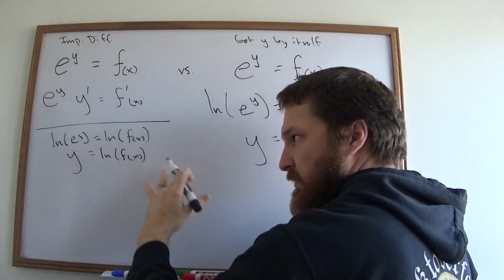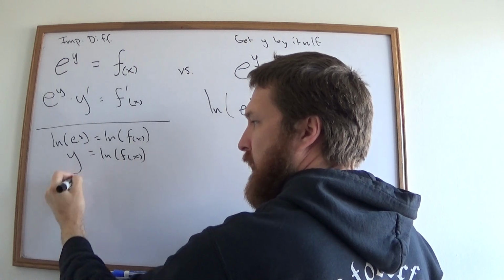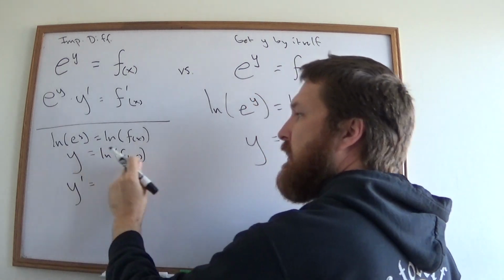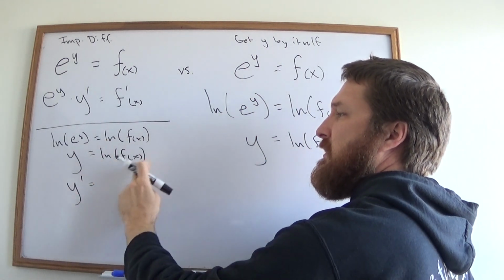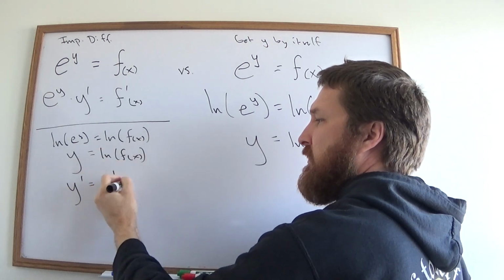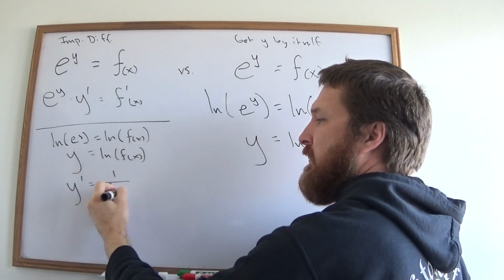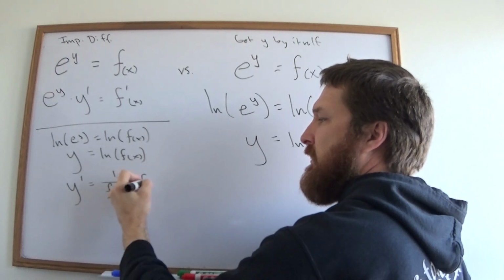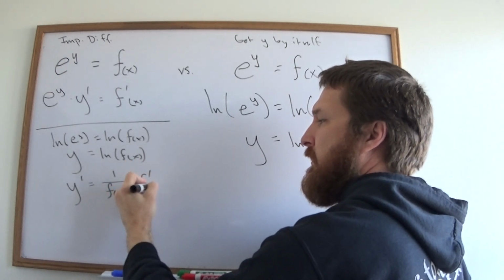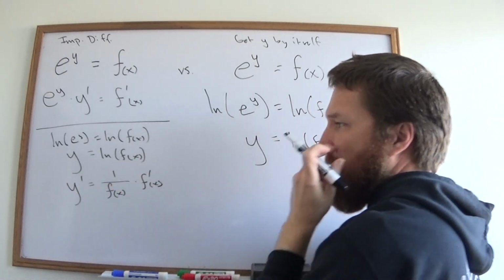And then I take the derivative of both sides, that gives me y prime is equal to, now what's the derivative of this? 1 over the stuff times log f prime, times f prime of x.